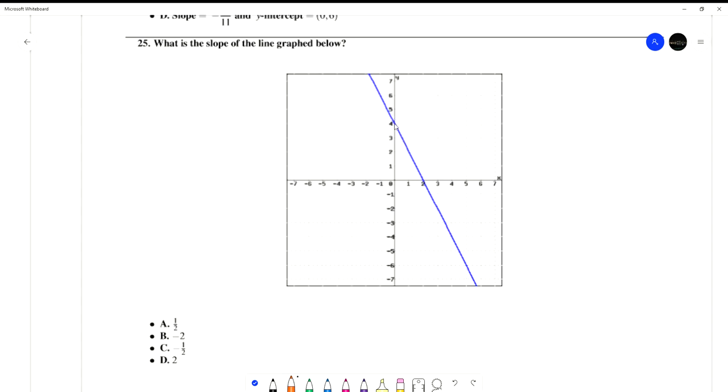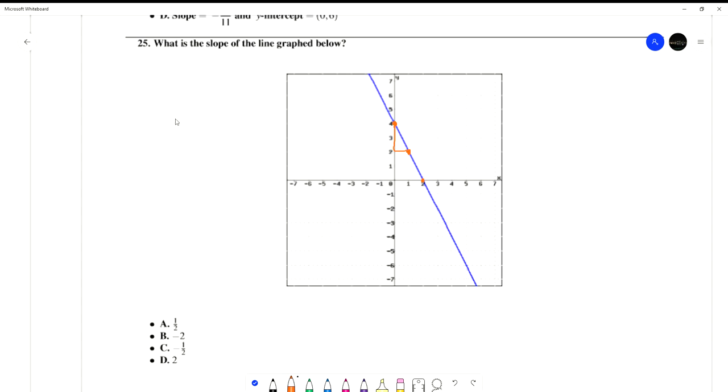So I'm going to start off with the clear point here, (0, 4), which is my y-intercept. And I'm going to move on to the next clear point, which is (1, 2). Another point here is the x-intercept, (2, 0). But how do I get from (0, 4) to (1, 2)? I have to go down 2, right 1.